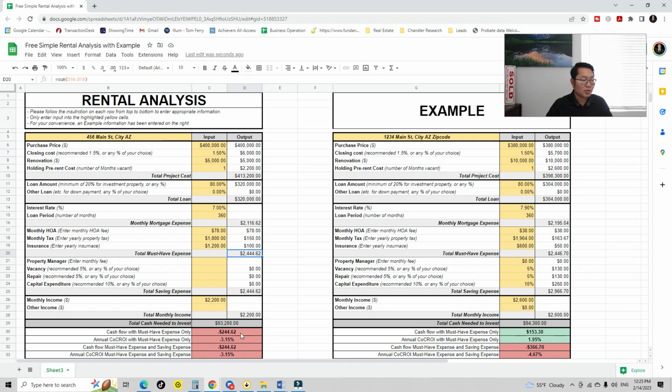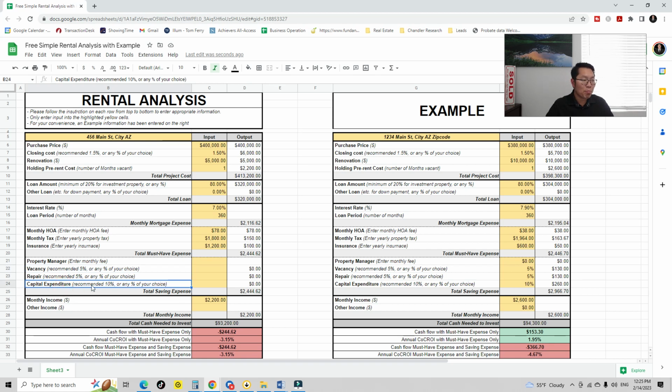Okay, as you come down here, these are optional expenses. Why do I say optional? Because you don't have to make them. You can do property management on your own. If you feel that the vacancy is not much, then you don't have to worry about that. If you don't think you're going to need repairs, for example, if you buy a brand new construction house, then you probably don't have to do any repair or capital expenditure, right?